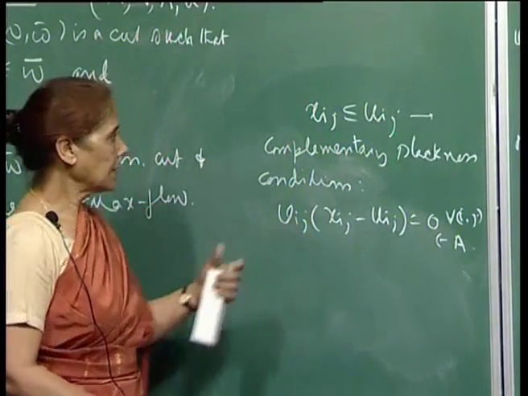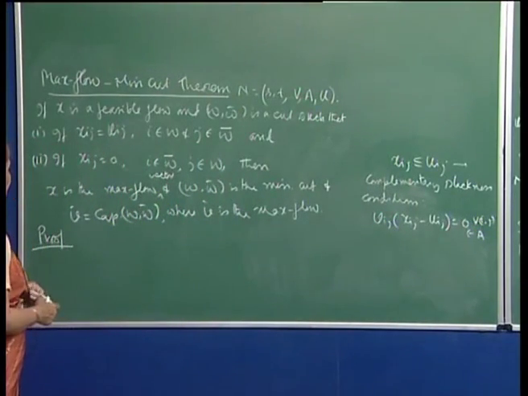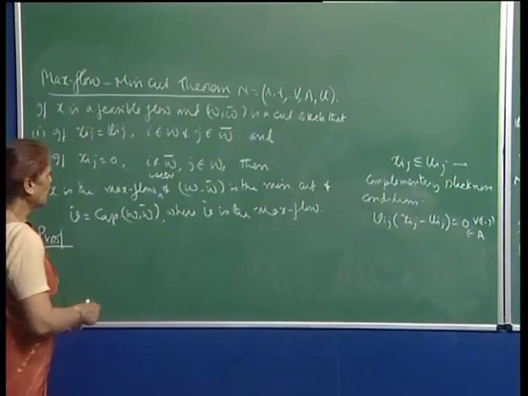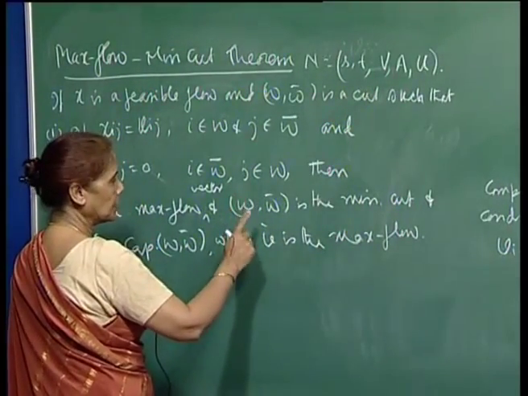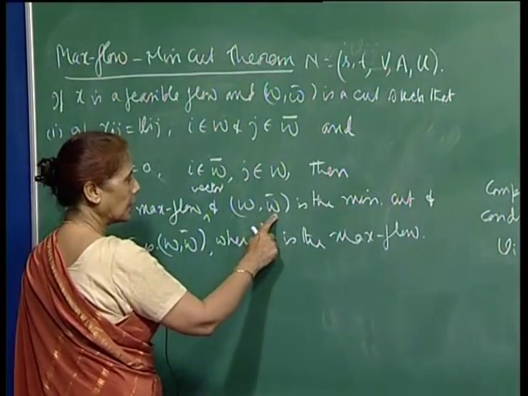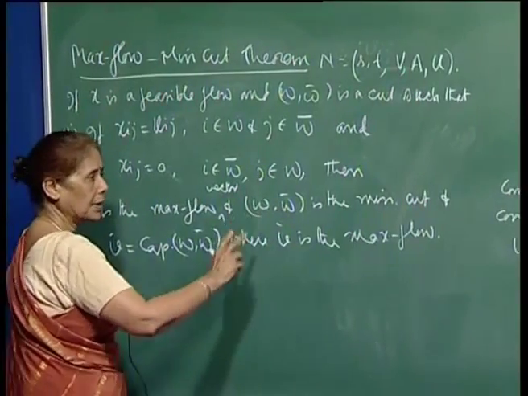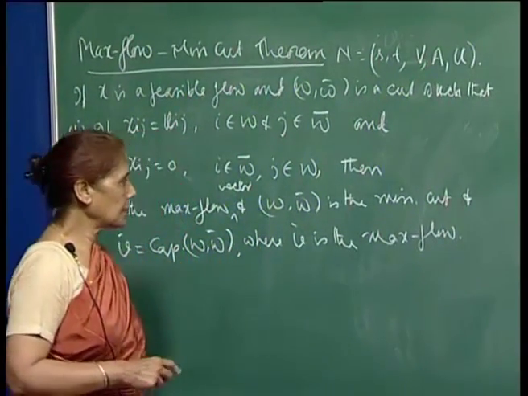And this is what we are defining here. Remember, for the dual solution, when you have a cut W bar, we are defining the dual feasible solution: Vij is 1 when i is in W and j is in W bar, and when it is the other way, then Vij is taken as 0. That was required for the dual feasibility.